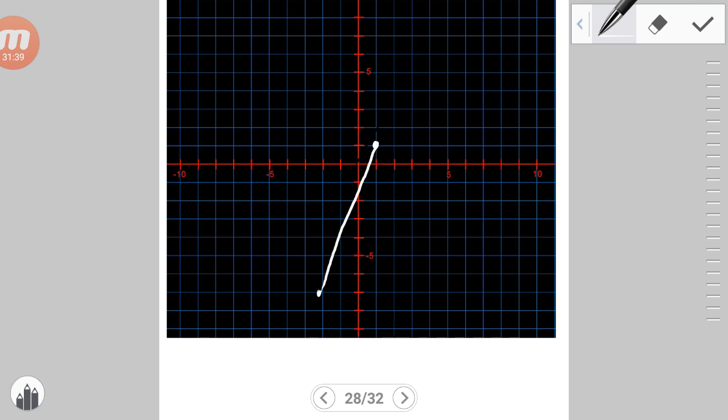Now we're going to try to determine the gradient of the line. We already know that the gradient is going to be rise divided by run. So the distance of my rise here, let's count the units of measurement.